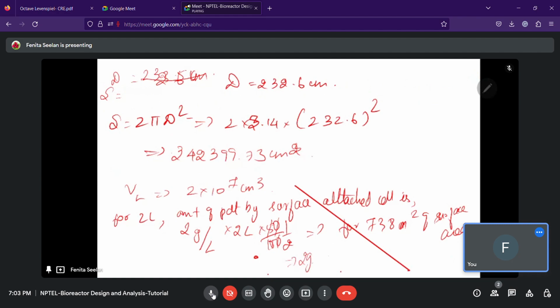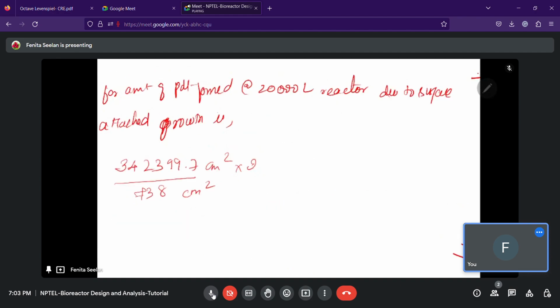This is 2 gram for 738 into 2 gram. If you do this, what would be the answer? It is around 927 grams.